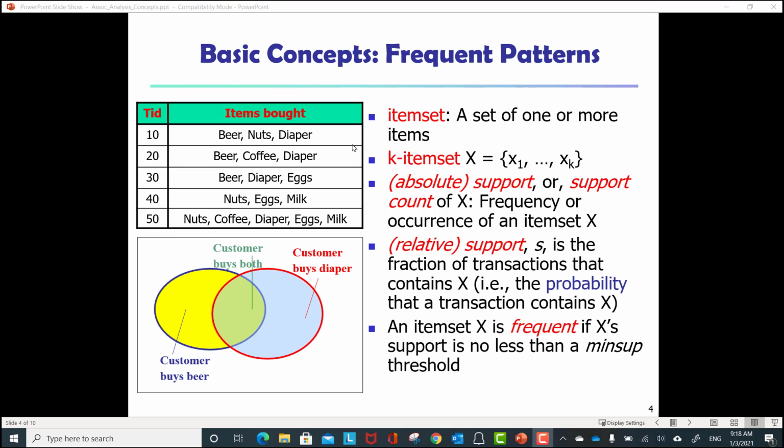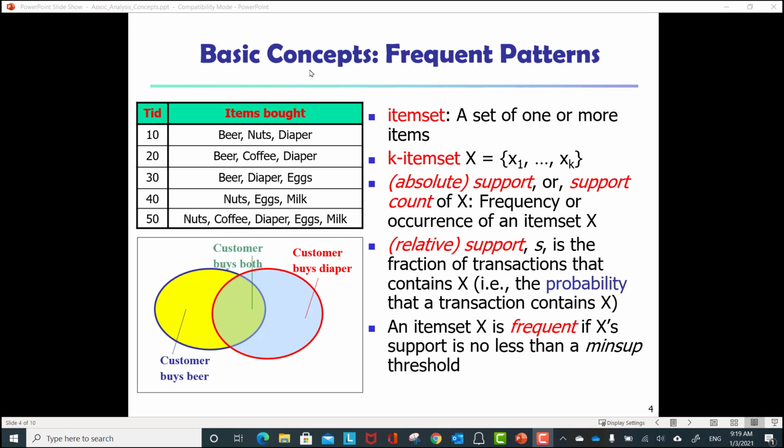The real problem of frequent pattern analysis or association analysis is about the size of the data. When you have a huge size of data, applying these basic concepts becomes a very different issue. So we'll discuss that after these two pages of basic concepts.